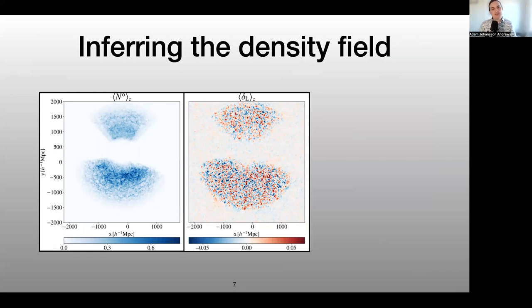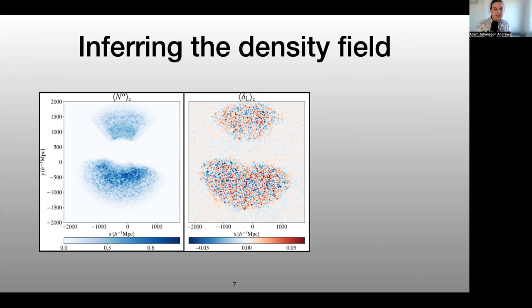We can also see the effect of the window function: where we have observations, we have stronger statements on the underlying density field, while in regions that are masked out in the universe, the standard prediction results in the cosmic mean.